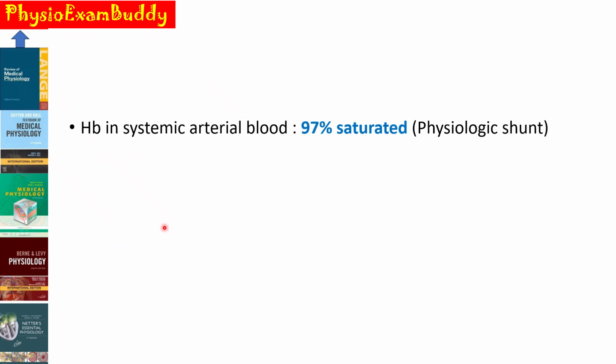But you all know that in vivo, the hemoglobin in the blood at the end of the pulmonary capillaries is only about 97.5%, or approximately 97%, saturated, because of the slight admixture of the venous blood that bypasses the pulmonary capillaries, as in case of physiological shunt. So, the hemoglobin in the systemic blood is only 97% saturated and not 100% saturated.